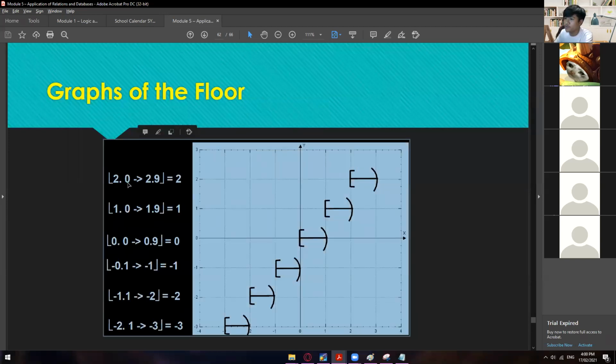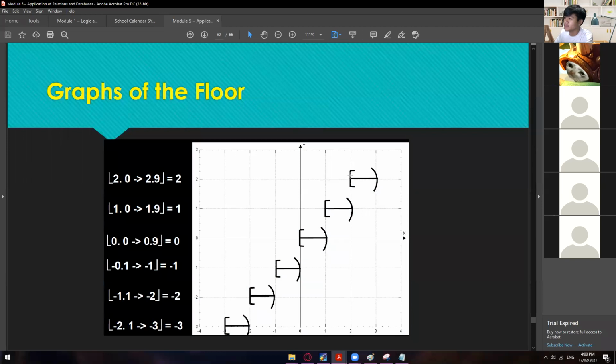If we have 2.0 to 2.9, it will fall on our 2.0. Even though it reached 2.99999, it will still be rounded down since we're talking about floor. So the result here is 2. Same with the next one: if we have 1.0 to 1.9, you will get 1 only. We have 0.0 to 0.9, it will round down to 0, and so on.